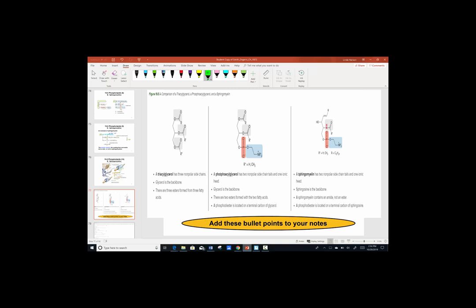I want you to compare and contrast the picture of a triacylglycerol. The triacylglycerol had the glycerol backbone, which is the 3-carbon unit, and all 3 of the attachments were just fatty acid chains. Triacylglycerol: 3 ester linkages leading to 3 fatty acids.